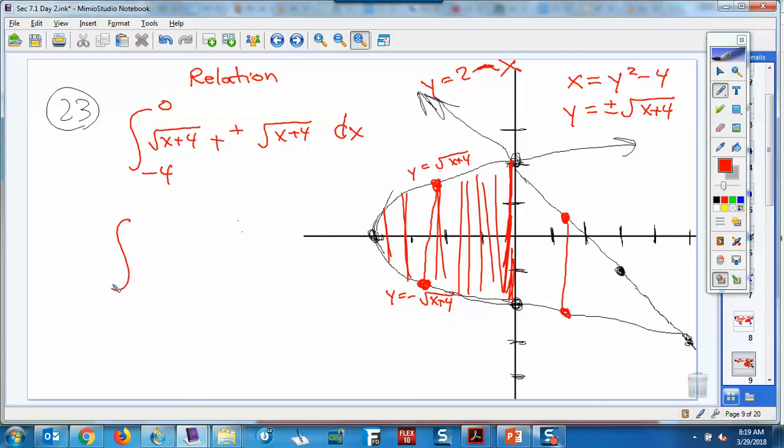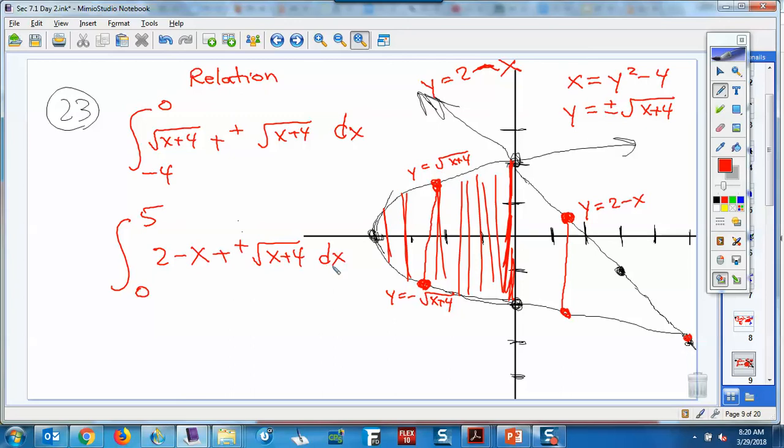And now the other part is going to go from 0 to, what is this point over here? Is that 5? 5. So 0 to 5. And then the top y value is going to be 2 minus x. And the bottom y value is negative, so it's going to be minus a negative square root of x plus 4, which ends up being plus.